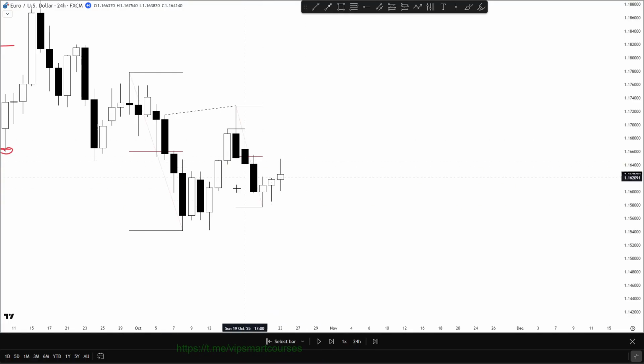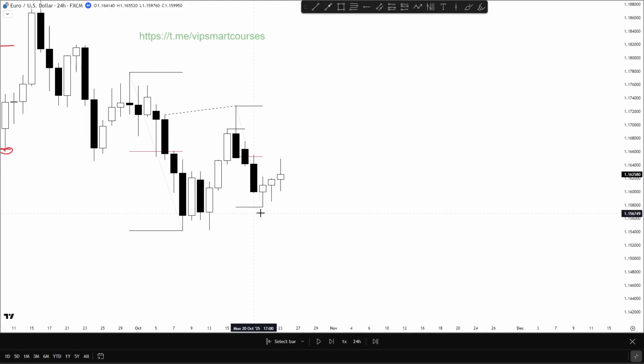It hasn't done any of that. So how is this low a significant low, or how have I regarded this expansion move as a dealing range? The answer for that is on the 4 hour time frame.